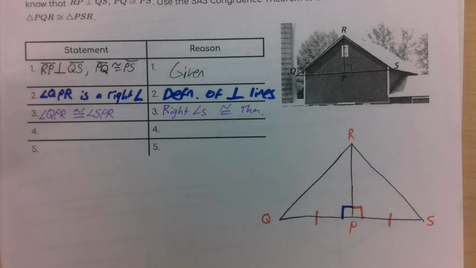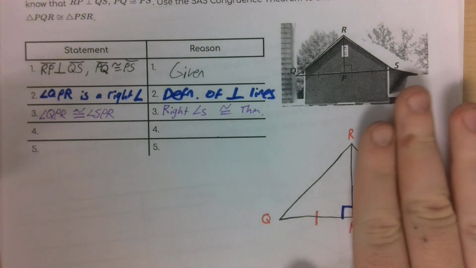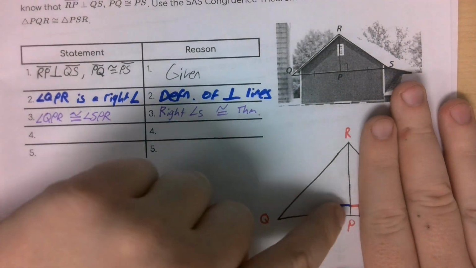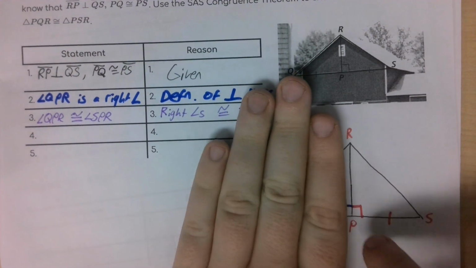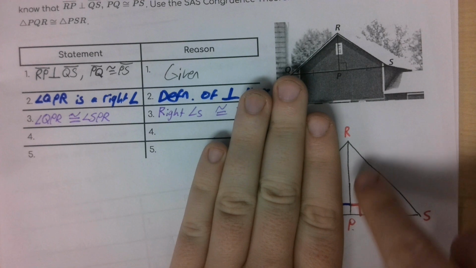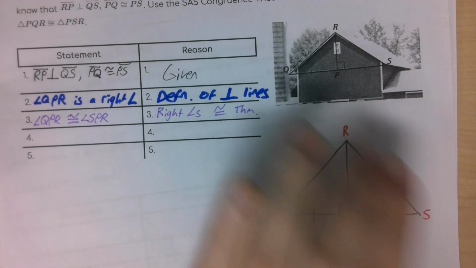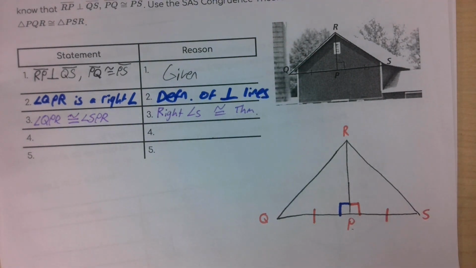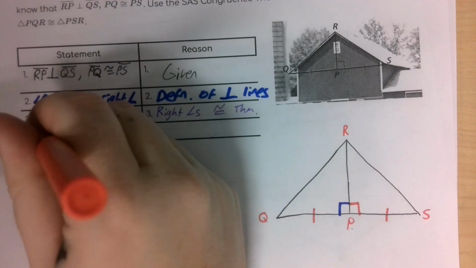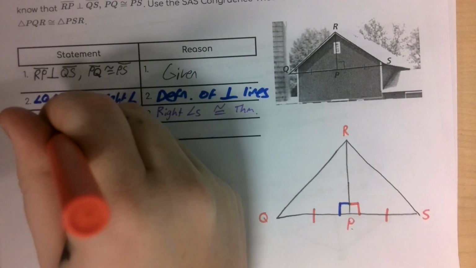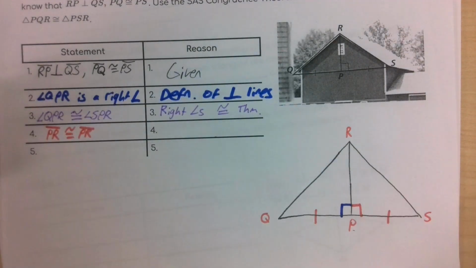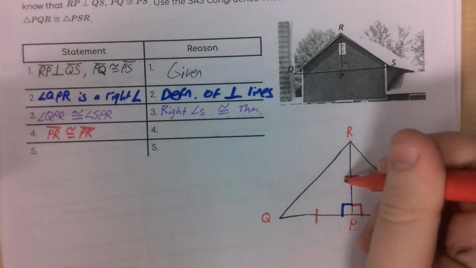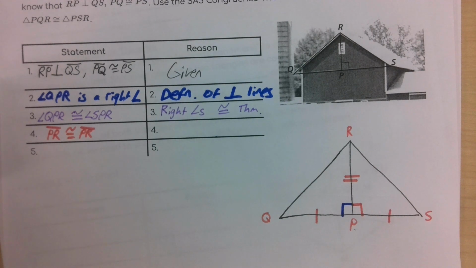Now all we need to show is essentially that the last side is congruent in both triangles. We need to show that this side here, PR, is congruent to this side here, PR. Wait, huh? Aren't those the same letters? In fact, they are. And we know that any time we have the same letters being used, we have a reflexive property being shown.